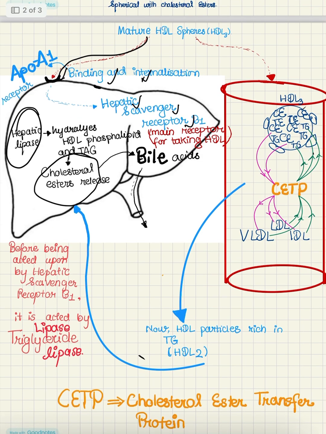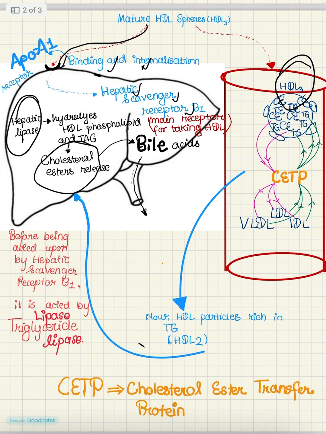And the next one is the HDL through the CETP pathway. How does the HDL get internalized into the liver through this pathway? Firstly, the HDL3 has cholesterol ester within it, and the CETP is present in the plasma.